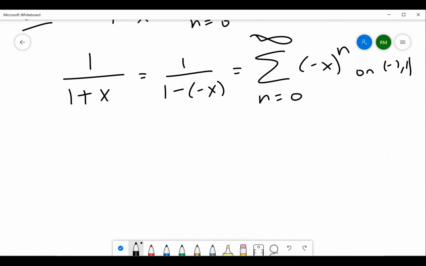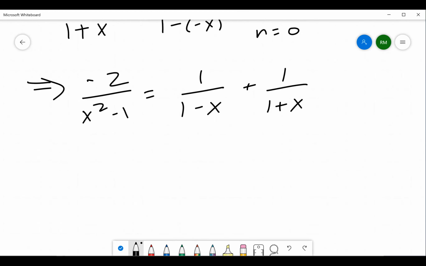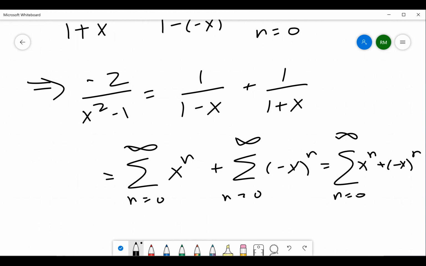So what this tells us is that -2 over x squared minus 1, which is 1 over 1 minus x plus 1 over 1 plus x, should just be equal to this sum plus this sum, which is equal to this sum right here.